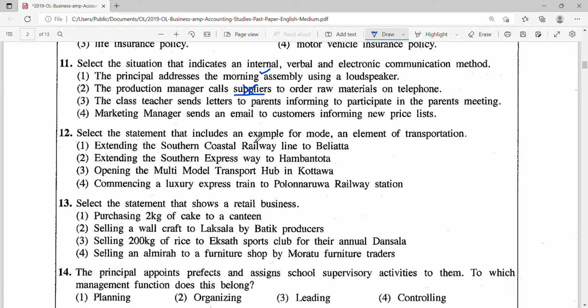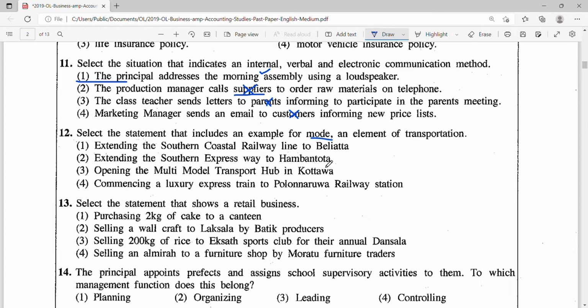The moment it says parents, they are external to the school. So again, that doesn't qualify as well. Marketing manager sends an email to customers. So customers also belong to the external category. So the correct answer here is answer 1.